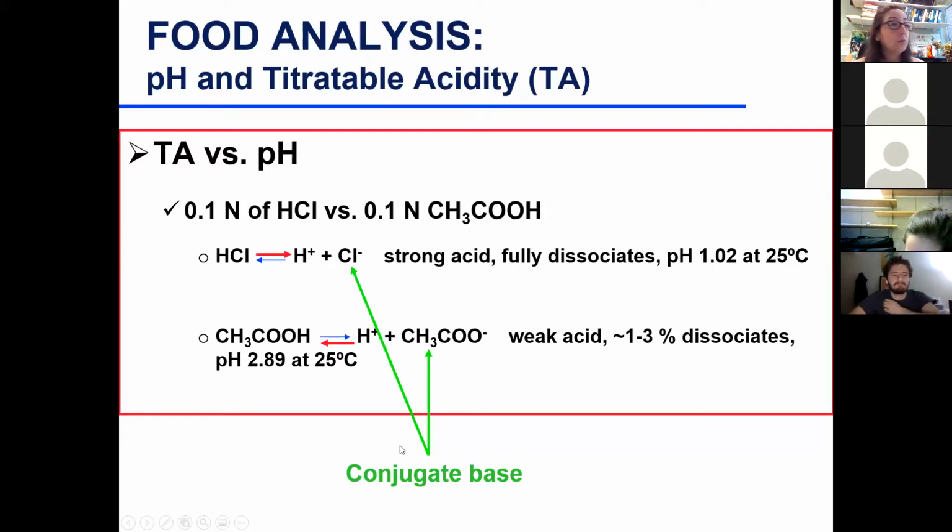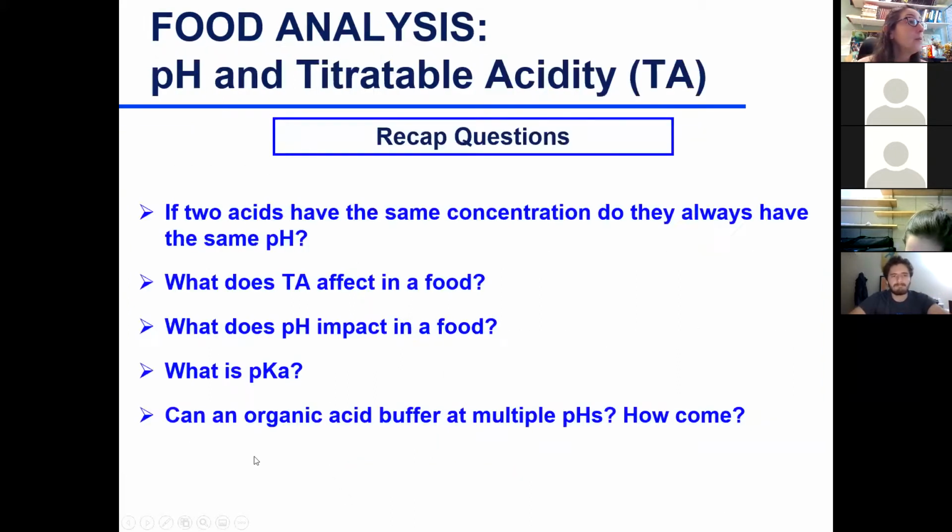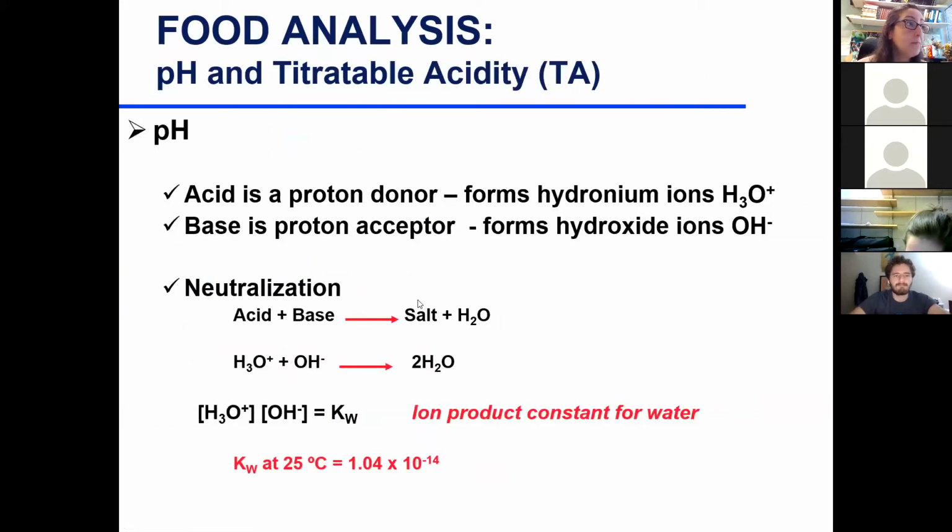You want to remember that, because when I show the Henderson-Hasselbalch equation again, I will refer to that A minus as the conjugate base. So just remember that. Okay. I have a few more minutes. I will skip this. I'll bring it back on Wednesday.